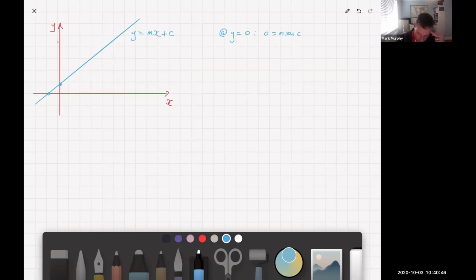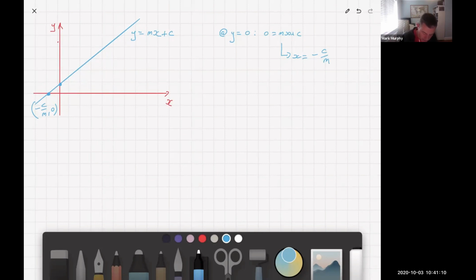Therefore x is equal to minus c over m. That means the coordinate of this point, when y equals 0, is minus c over m, 0. I think they call that the x-intercept, it doesn't matter.